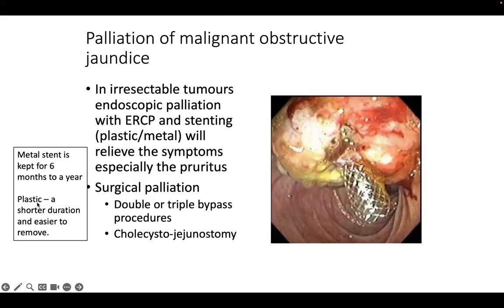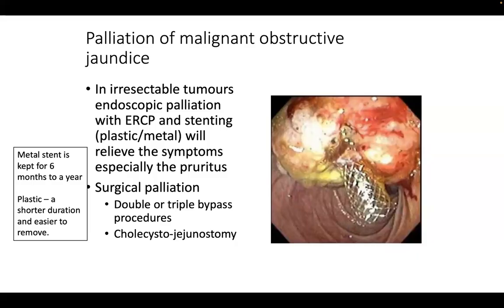So if you have an inoperable tumor, you have to go for palliation. So palliation therapy here, in irresectable tumors, is endoscopic palliation with ERCP and stenting. So the stenting here is metal stents and plastic stents. So you can use either. So a metal stent is kept for 6 months to a year, whereas plastic stents will have a shorter duration and are easier to remove.